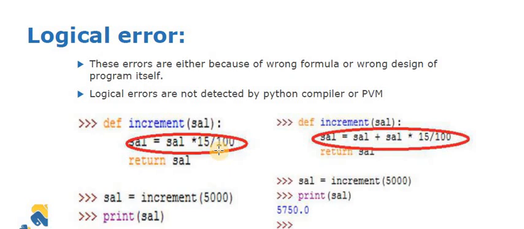Whenever it is executed and is not according to the rules decided by the compiler, because of a wrong formula or wrong design of the program that is not according to Python, it will create errors. So logical errors are those that are not detected by the Python compiler, but whenever that particular statement is executed according to the input, it will not work, and then that error comes.